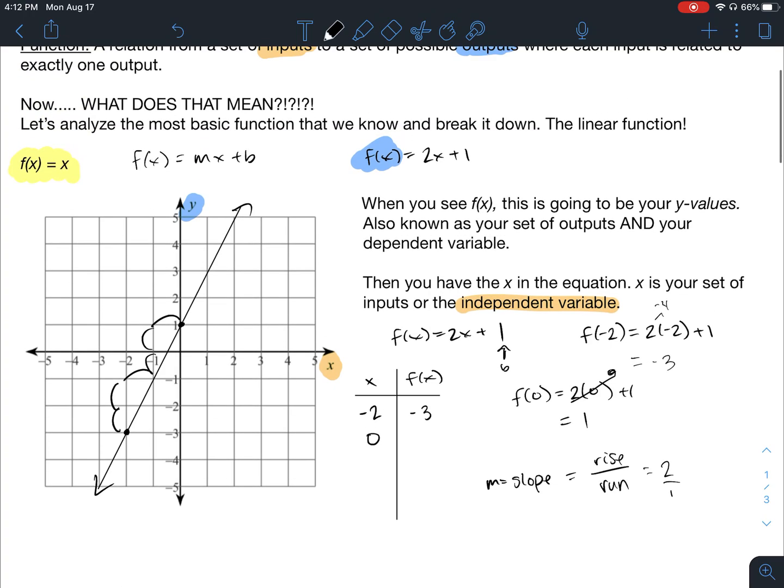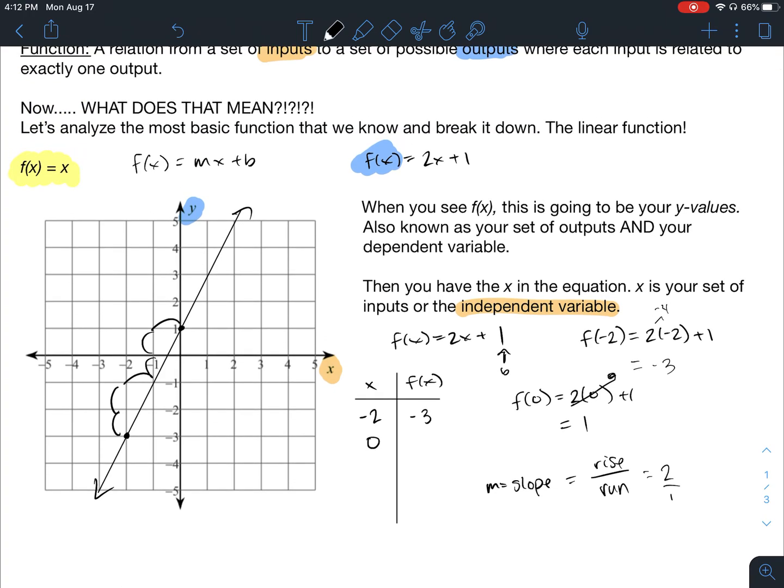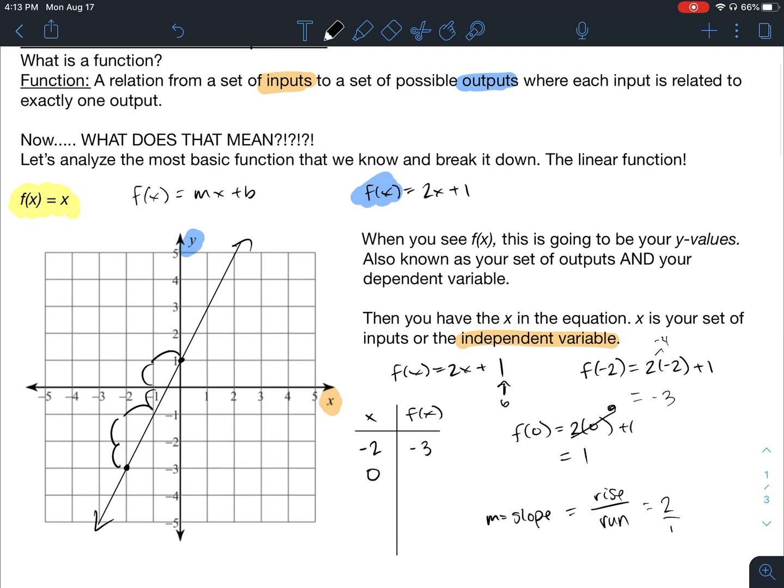Okay, so I hope everyone understands how a function works from an input to an output. And let's highlight one more important part about this definition, is that each input is related to exactly one output. So I can't have the same input, let's say 0, also equal to 3.